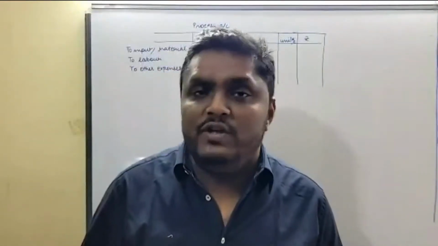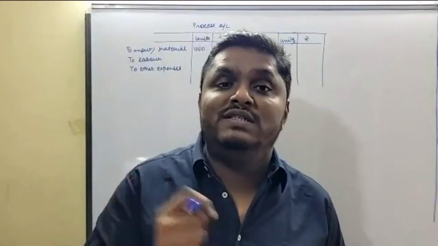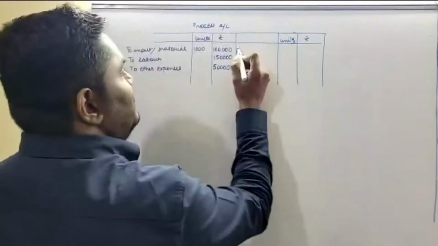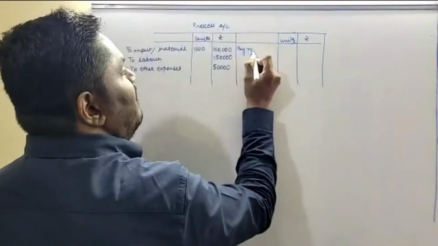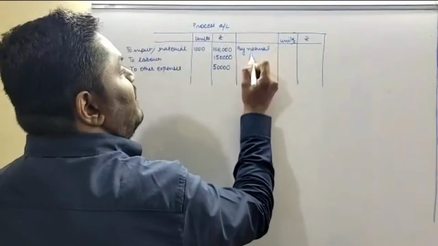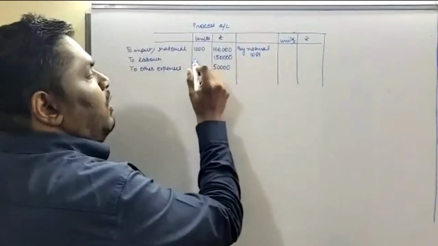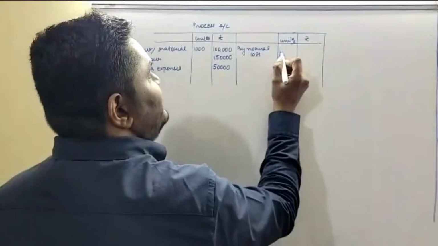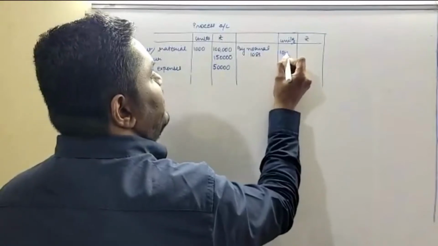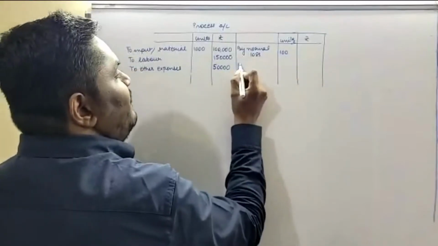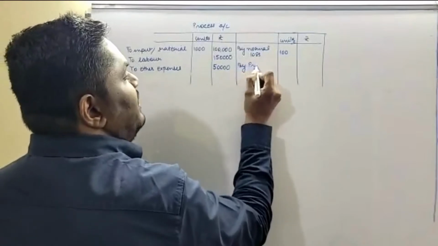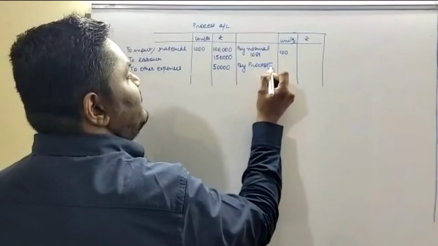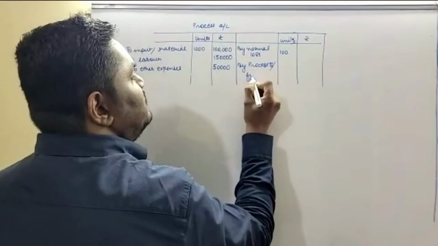Further, it is given in the question itself that the normal loss is 10% of the input. So on the credit side, by normal loss. Of these 1000 units, 10% is the normal loss, or 100 units is the normal loss. Therefore, my output will be how much? Either it is transferred to the next process or finished goods, whatever it is.